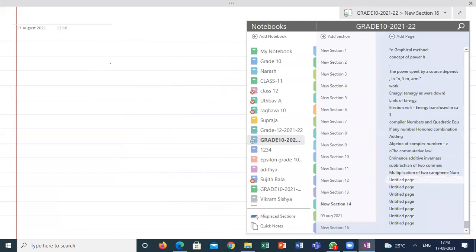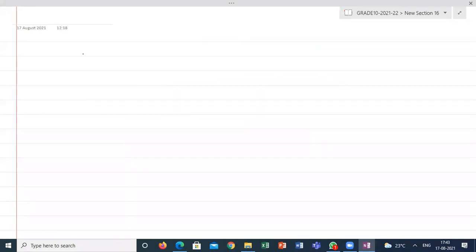So take the previous data. What is the Z1 I gave for addition? 6 plus 3i. What is the Z2 I gave? Minus 2 plus i. So find Z1 into Z2. And it is also a complex number.